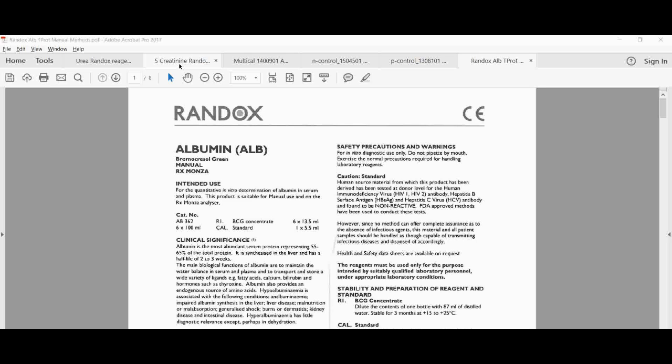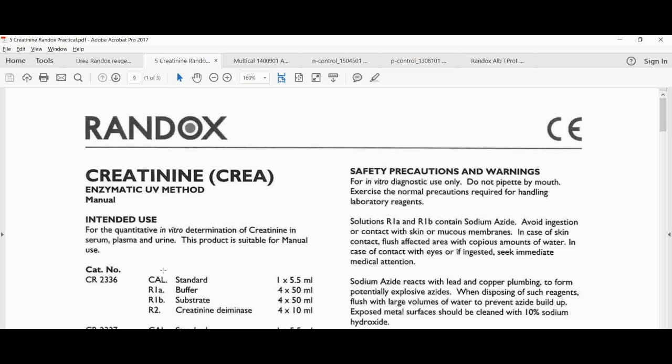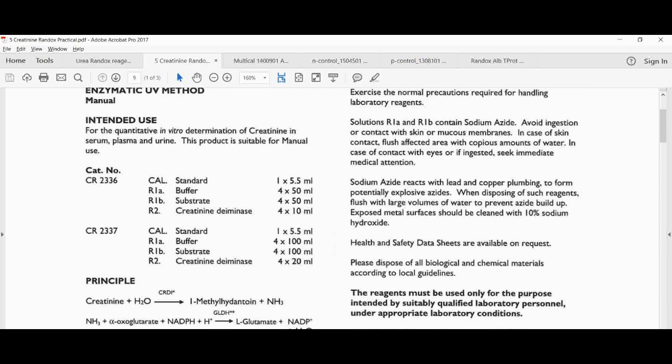So if you look at creatinine, for instance, here you see two catalog numbers, CR2336, and this is the contents of that kit, and CR2337, and this is the contents of that kit. You see, this kit has about 4 times 50 ml reagents, and this has got a bigger volume. It's got 4 times 100 ml reagents total volume.